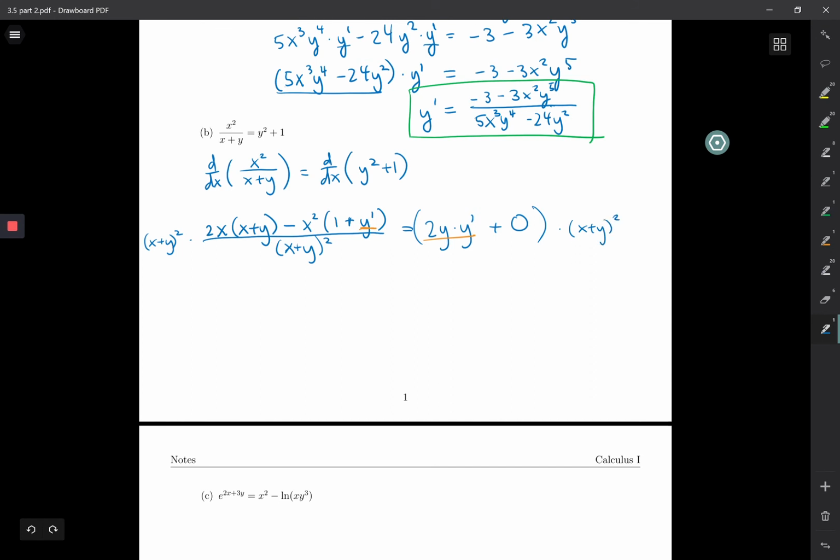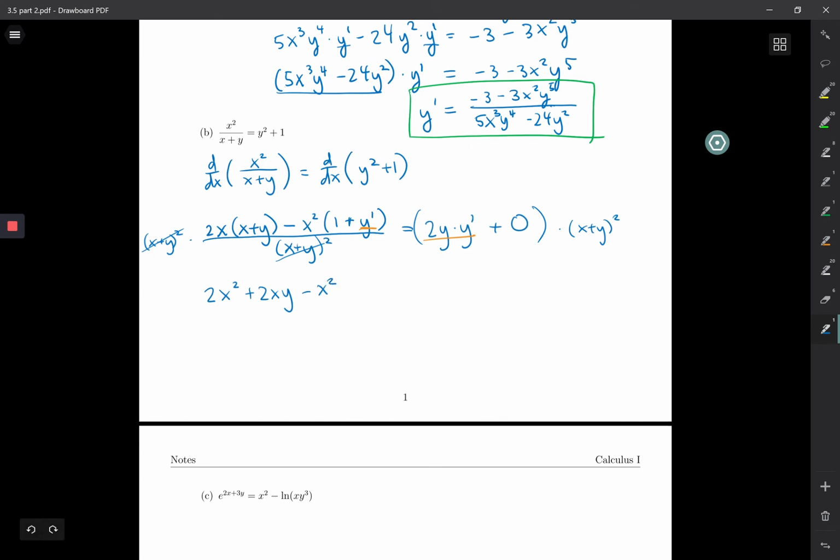multiply both sides by that, and then we would get 2x, I guess I'll multiply this part out as well. 2x squared plus 2x times y minus, so of course the denominator will have canceled, and so I'm just dealing with simplifying the numerator by multiplying it out.